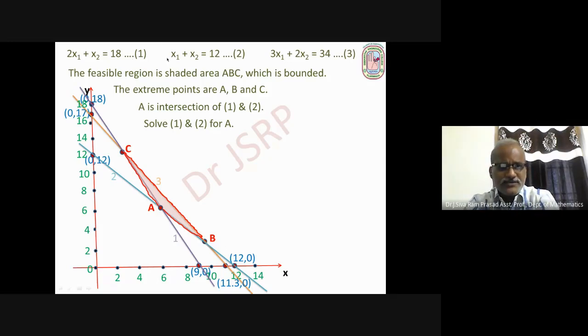Solve the 1, 2 equations. Since the x2 coefficients are the same, take the first equation as it is and the second equation as it is. Just subtract. x2 gets cancelled. 2x1 minus x1, x1 equals 18 minus 12, 6. x1 equals 6.